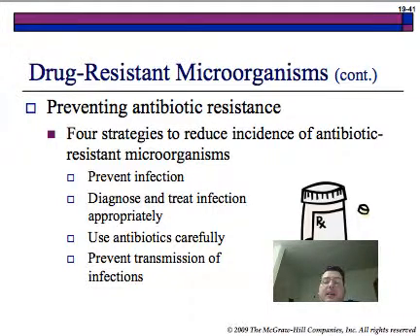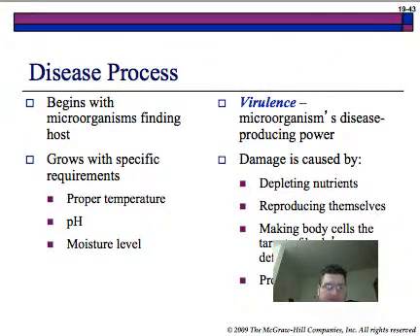You can prevent antibiotic resistance by preventing infection, diagnosing and treating infection appropriately, using antibiotics carefully, and preventing transmission of infections.